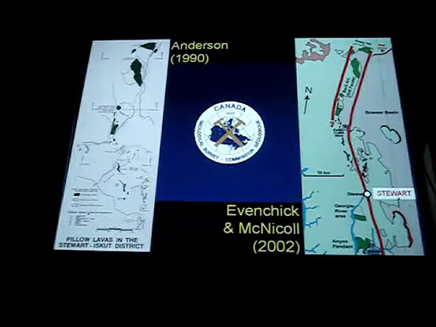That gave them the confidence to extend the trace of the Eskay Rift from the pattern Bob had recognized. He hadn't put any bounding faults on it, but they postulated these interpreted bounding faults, these 2 red bands, which are the 2 sides of the rift structure. All the rocks in the center dropped down and accumulated those pillow basalts. These are interpreted boundaries because at the time this paper was published in 2002, no one had seen these bounding faults in place.